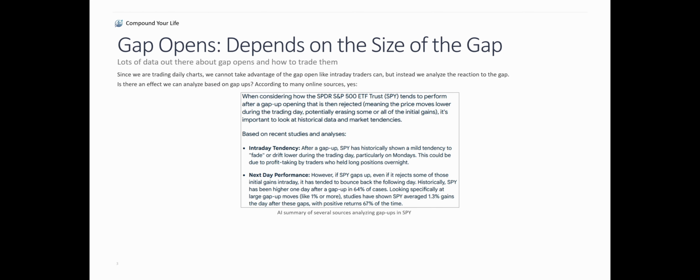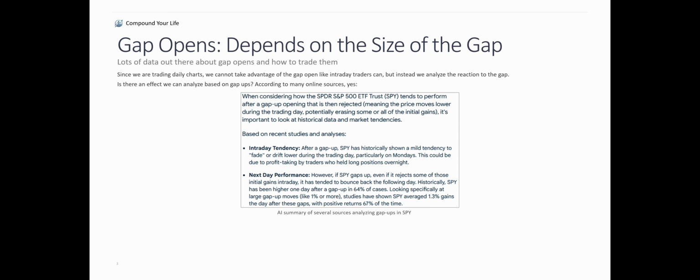But it is out there if you want to see common patterns based on whether the day opens as a gap up, gap down, and then most importantly, what the percentage of that gap is if you're intraday trading. But for what we're doing, we're going to simply see if there's an effect that occurs in the US equities when it gaps up. So this is probably the best summary I could find.